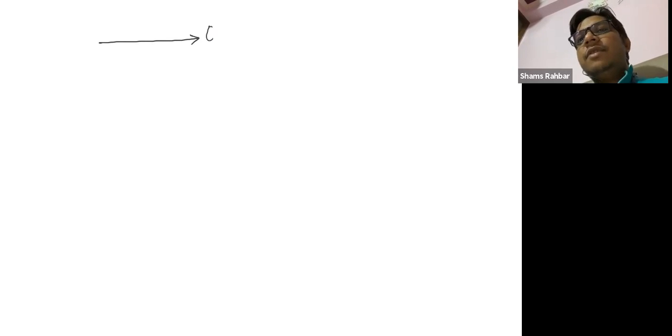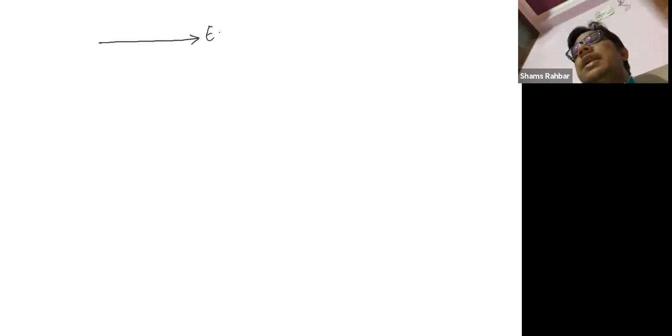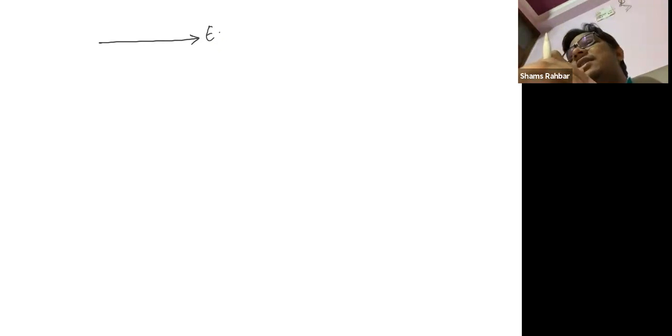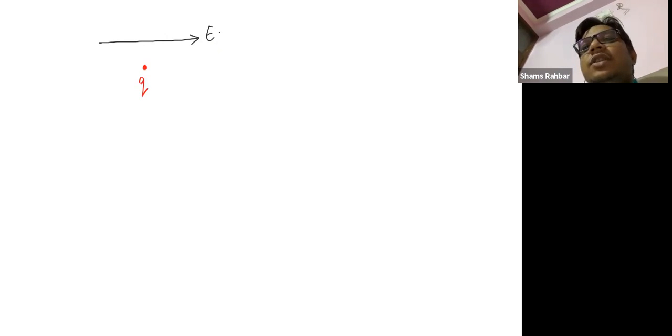Let's say you have an electric field towards the right, meaning there is already an electric field in this direction, towards the positive x-axis, in a region. If I place a charge here, and that charge is positive, will this charge experience any force or not?